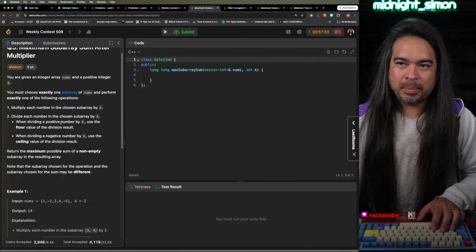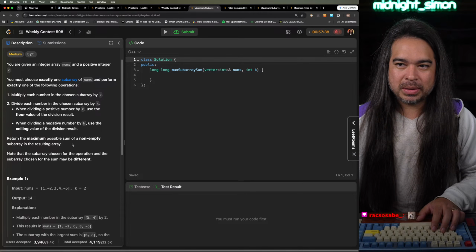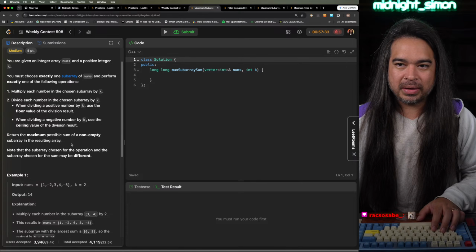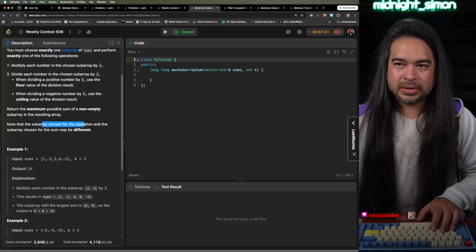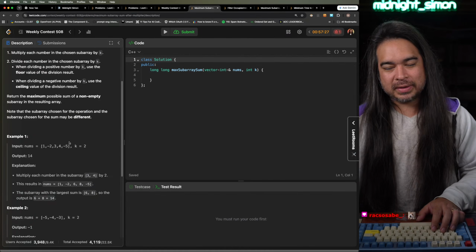When dividing a positive number by k, use the floor value of the division results. When dividing a negative number by k, use the ceiling value. Return the maximum possible sum of a non-empty subarray in the resulting array. Note that the subarray chosen for the operation and the subarray chosen for the sum may be different.